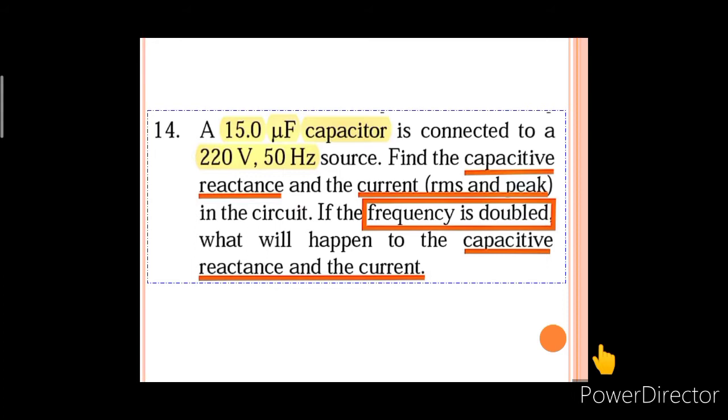So here in this question, the value of the capacitor is given as 15 microfarad, across the AC supply which has the RMS value of the EMF given as 220 volt and frequency given as 50 hertz. So across this AC supply, a capacitor is connected, and hence we have to determine the value of the capacitive reactance, as well as the RMS value of the current and peak value of the current.